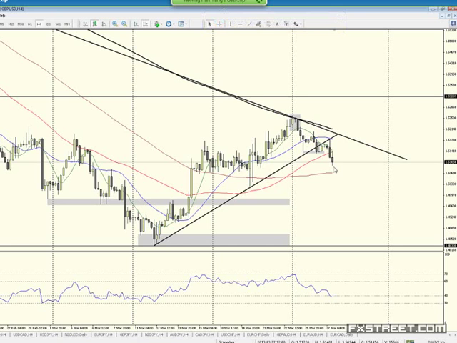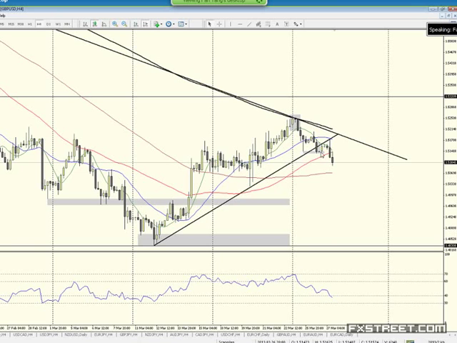For me, the break helps me quote-unquote confirm. Confirm seems like you're 100% sure. You're never 100% sure, but still, confirmation as far as having slightly more assurance, slightly more confidence in this downtrend continuing.